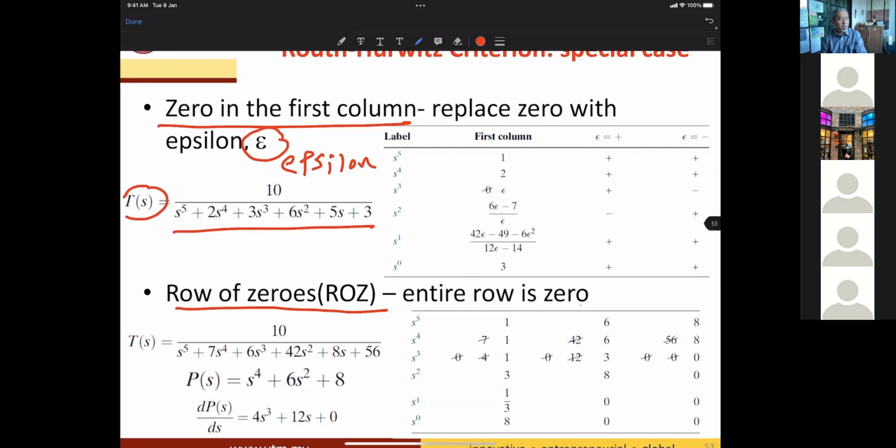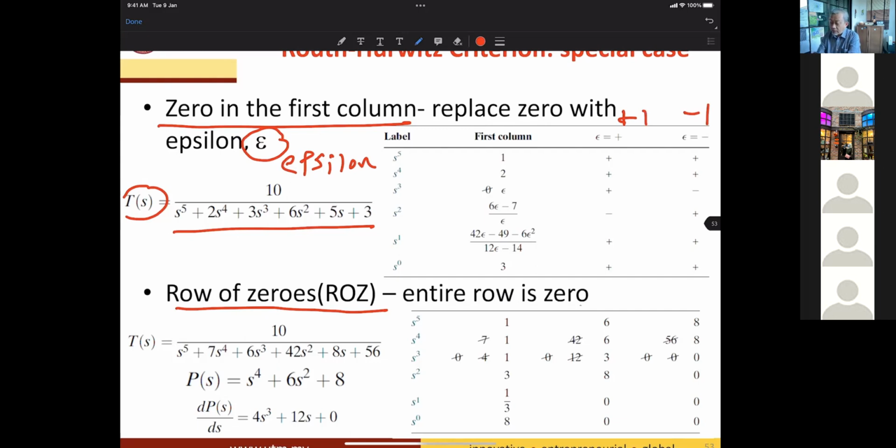What is epsilon? Epsilon is the representative of a small positive and negative number. Let's say you choose positive 1 and negative 1, then insert inside the formula and see the sign, either positive or negative.